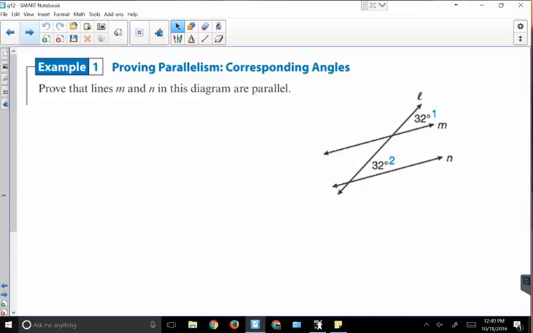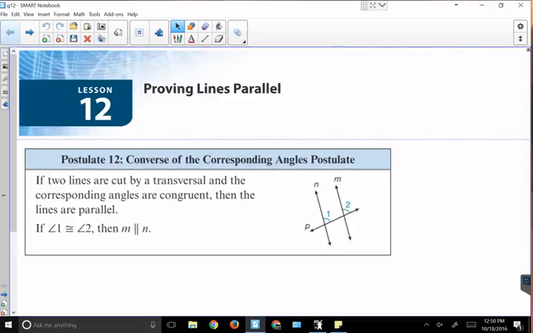So if I want to say that these lines are parallel, what is it that I would have to do in order to make that statement? What do I got to know? What do I got to say? How do I got to identify? What information do you have that justifies that statement? Do you have anything? Isn't this thing right? Isn't it just what we did right there?